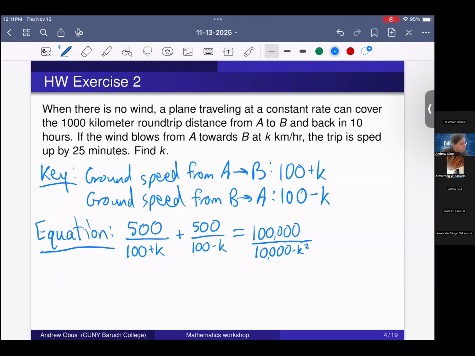Okay, so this equation is just true, right? You got this by combining these two fractions, with a common denominator, to get 100,000 divided by 10,000 minus k squared. So that's correct.